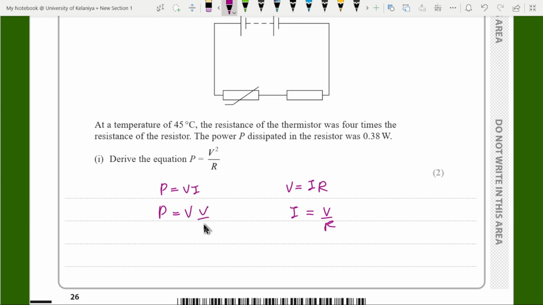Then it is V times V over R, so you will get P equals V square over R. So for using correct algebra for P equals VI and using V equals IR, you will get 1 mark, and for this one, 1 mark.